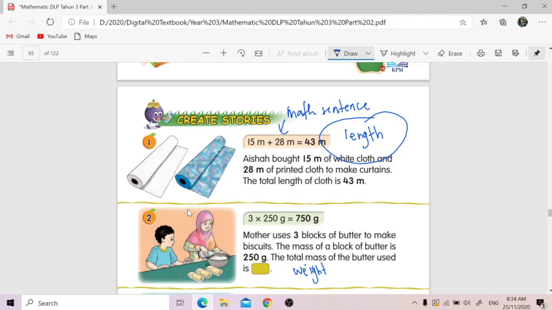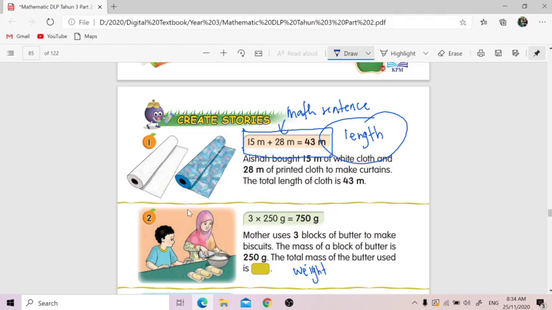But in words, when we create stories, we make it more meaningful with proper vocabulary that shows some actions. For example, 15 meter plus 28 meter equals 43 meter. This is the math sentence. So how are we going to tell the story?